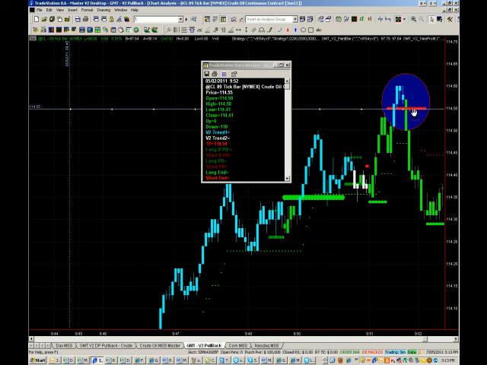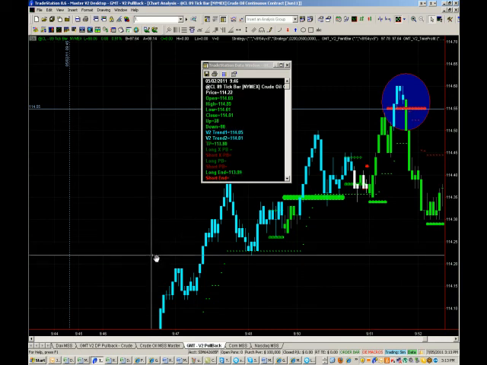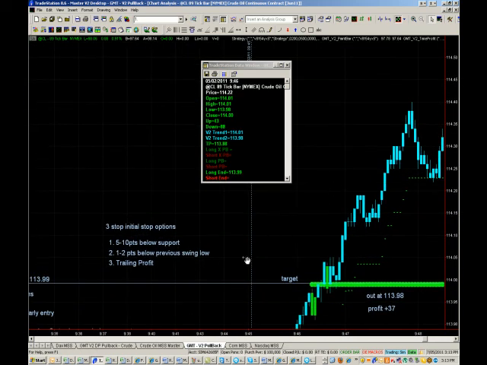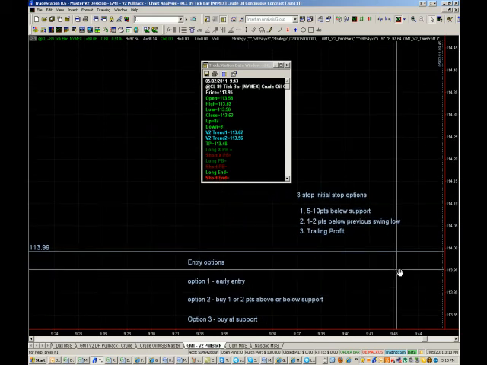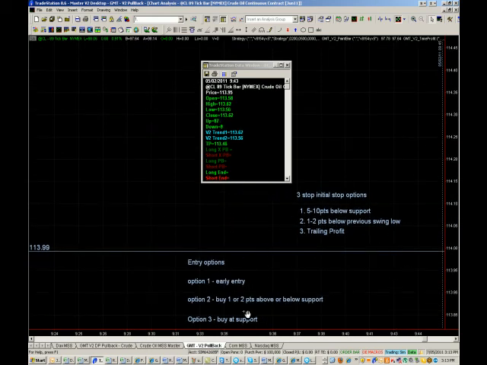So traders, that's a bit of a quick look through the pullback setups, remembering that we have a couple of options as our stops and we have a couple of options to get into the market.